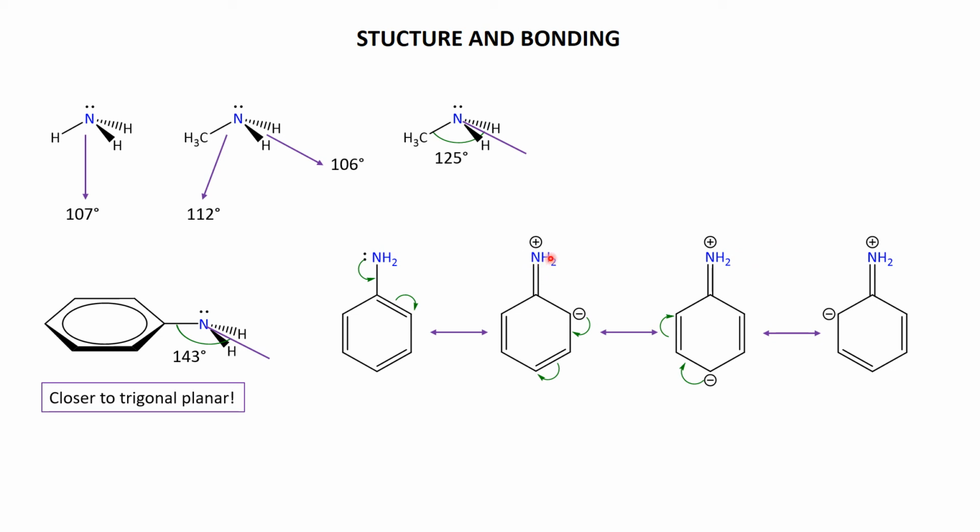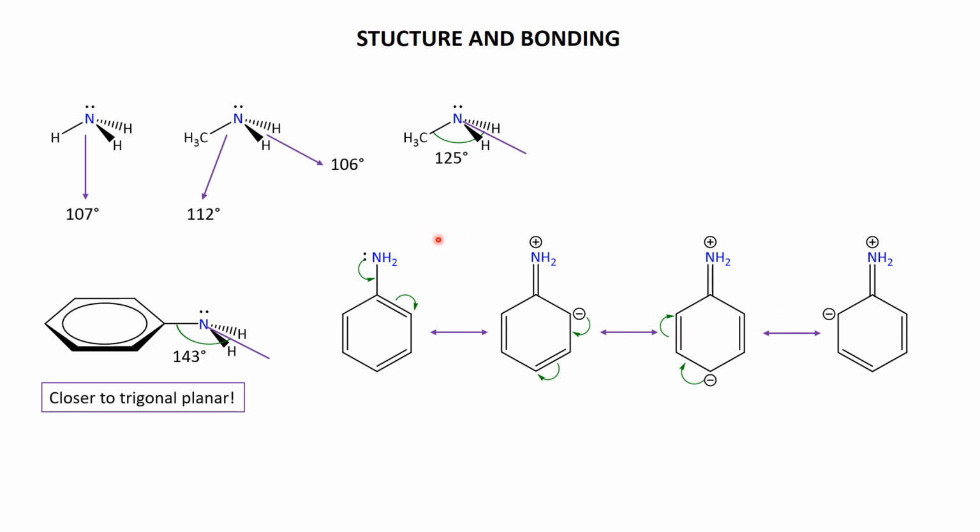It's got 2 bonds to the hydrogen and a double bond here. So it's got 3 groups of electrons around it, and 3 groups of electrons are trigonal planar. So that's why aniline is between 125 for the tetrahedral, this structure, and the 180 expected for those structures, because you have contributions from these resonance structures.